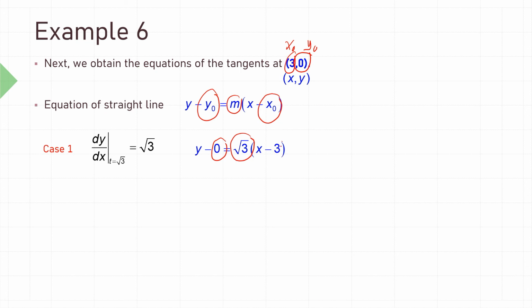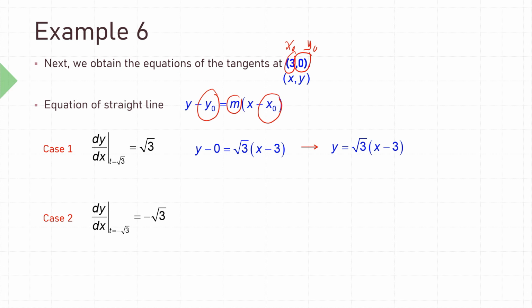Okay, so we simplify this, we get y equal to root 3 in the bracket x minus 3. This is the first equation of the tangent line at (3, 0). Another one, for case number 2, we have that dy over dx at t equal to negative root 3 is given by negative root 3.